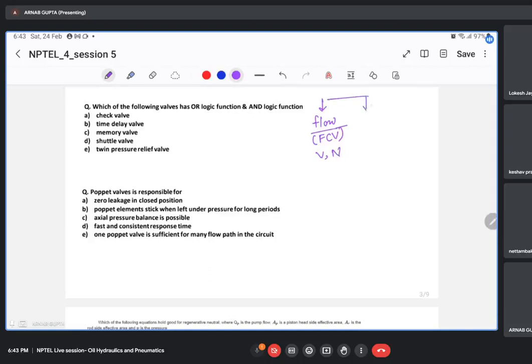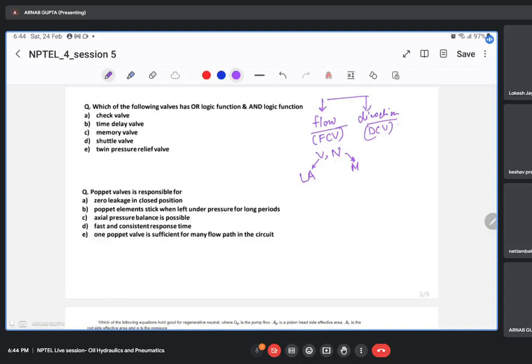Then you have the direction control valve, so DCVs. This is for linear actuators, this is for motors. In direction control valves, you have to change the direction of the actuation in several applications.